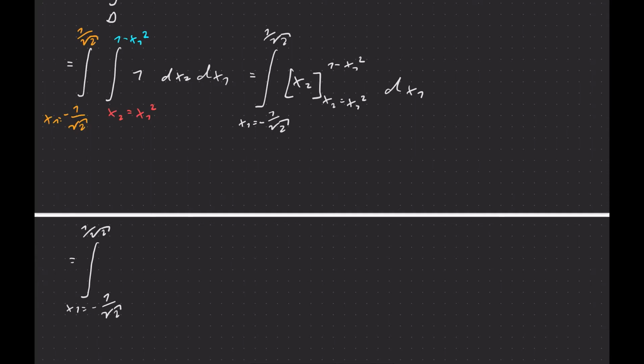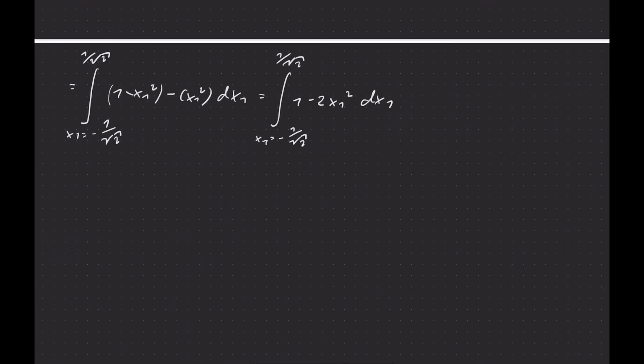So here we have 1 minus x1 squared minus x1 squared, dx1. So that is one more simplification step. Again, we copy the outer integral here. So that is 1 minus 2x1 squared dx1.